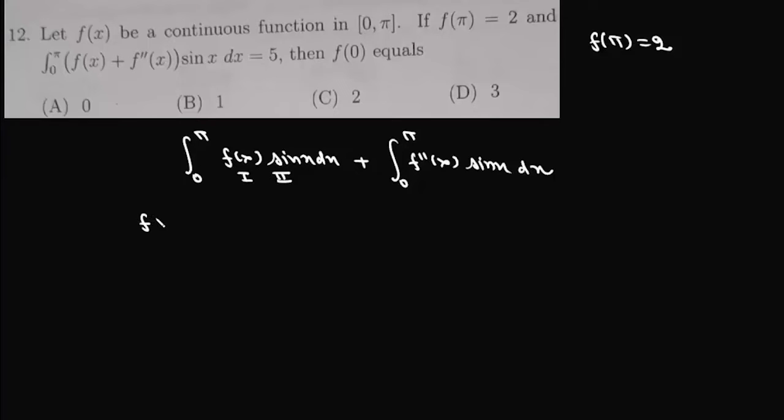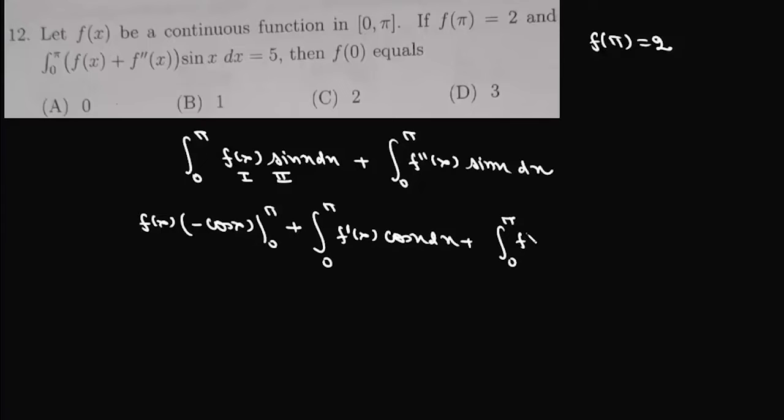So it will be the first function as it is, and the integral of sin x is minus cos x from 0 to pi, and then minus this integral from 0 to pi of f dash x, and the integral of sin x is again minus cos x dx, and plus it will be 0 to pi f double dash x sin x dx, and we are given that it is equal to 5. So it will be equal to 5.